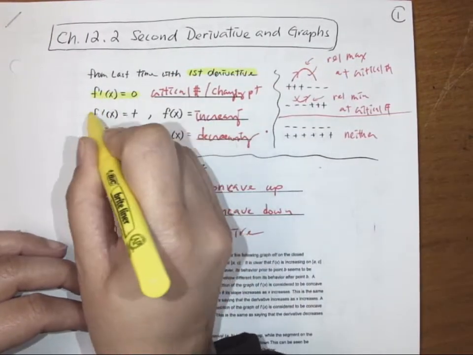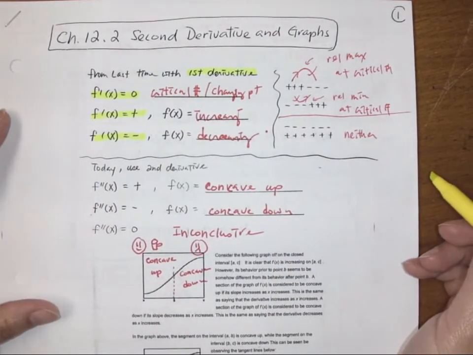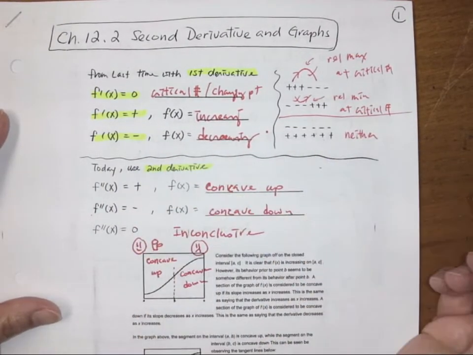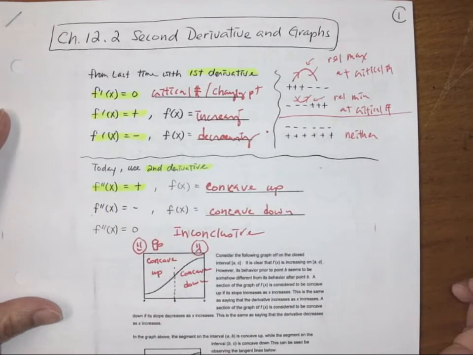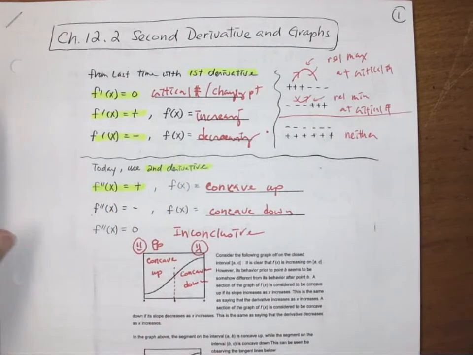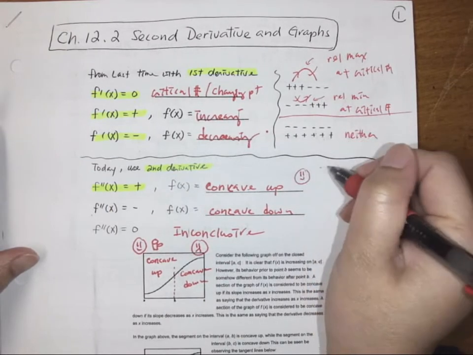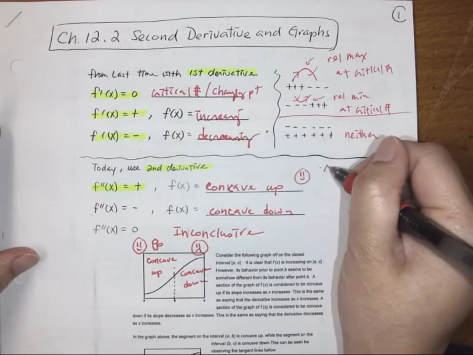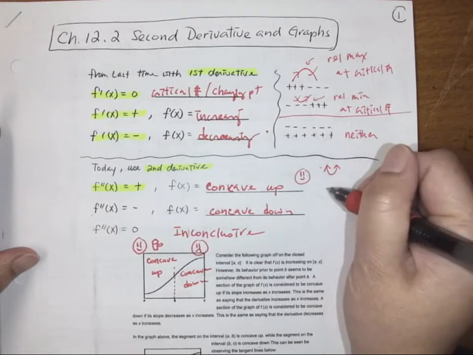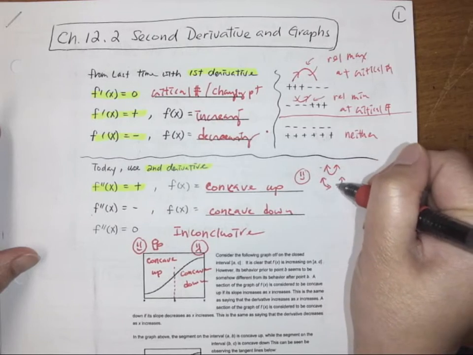We have 0, positive, negative. So on 12.2, we are looking at the second derivative. If you get a positive number for the second derivative, positive people are usually smiling, so your concavity looks like a smiley face, or sometimes you may just have part of it on this side or this side.